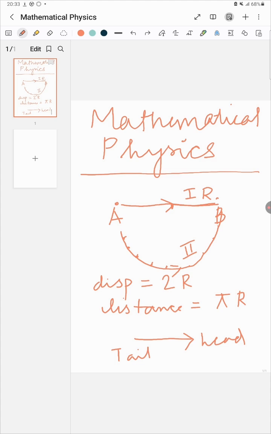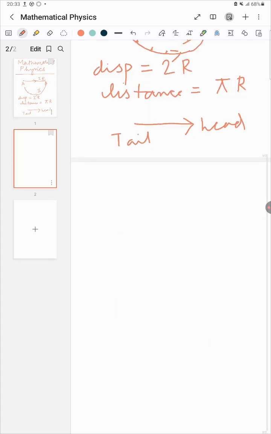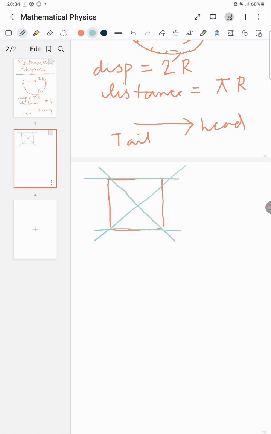Now for example, consider the moment of inertia of a square. The moment of inertia of this square will be different along this axis, different along the diagonals, and different along this axis. So basically the moment of inertia of this square gives different values when its axis changes. This is called multiple direction.